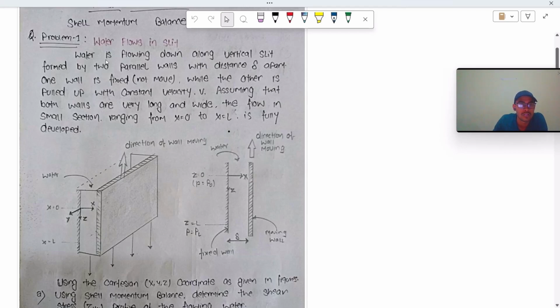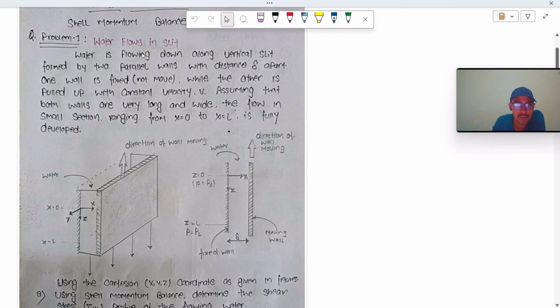If there are no rules, no boundaries, then we get no solution. Yes, because to get the exact velocity profile we require that constant of integration, which is why we use boundary conditions. So let's go for problem number one.